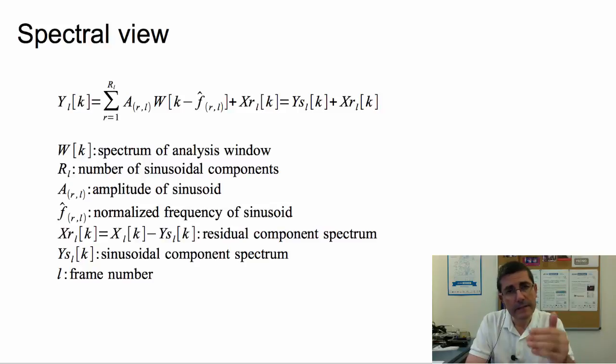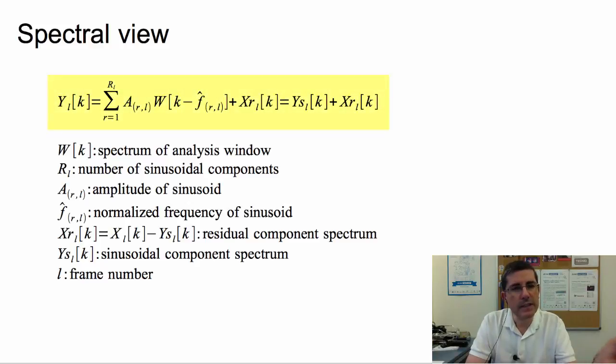Okay, but it's much better, at least from our point of view, to show this model from the spectral point of view, because that's where we're going to be developing all these models from.